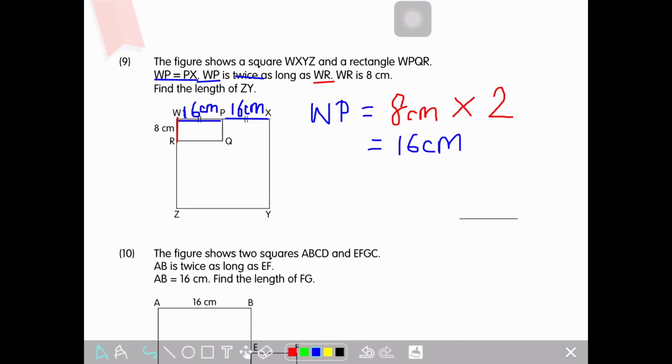Now, looking at the question, we want to find ZY. ZY is here. What is the opposite side of ZY? It is WX. So, what is the length of WX? WX is equals to 16 cm times 2.